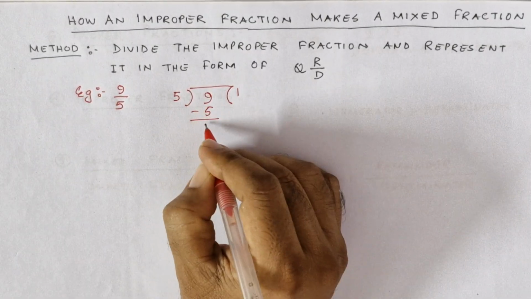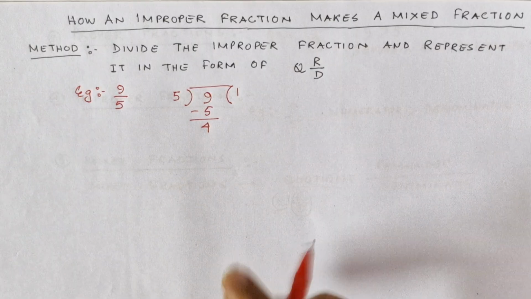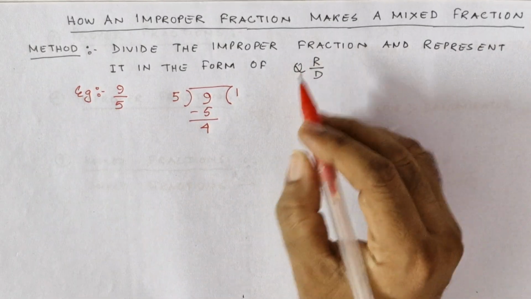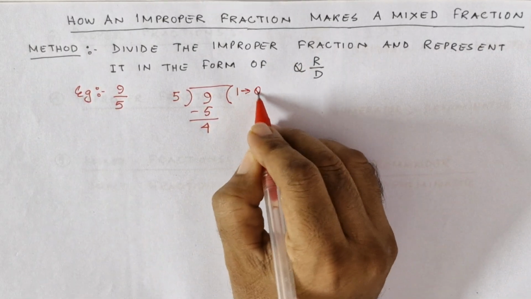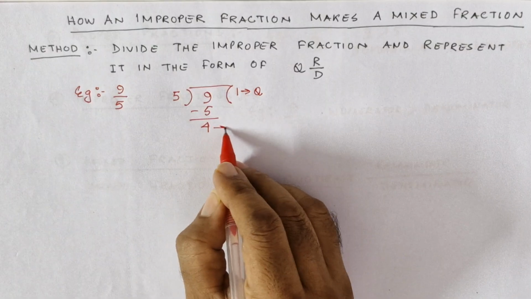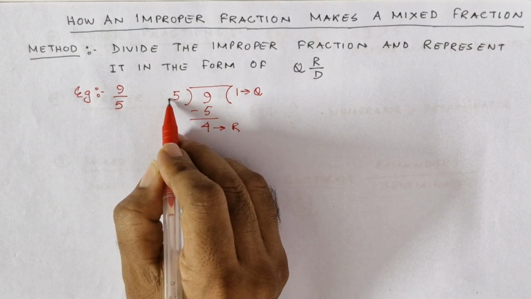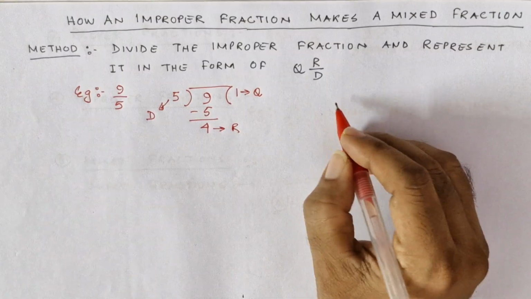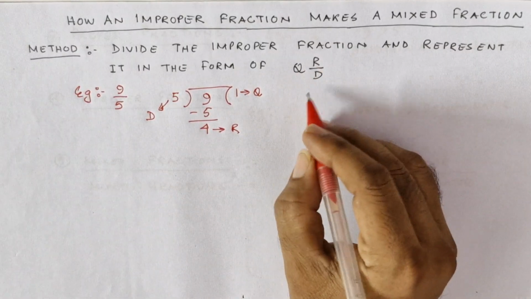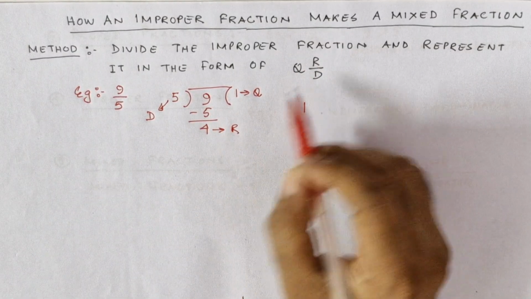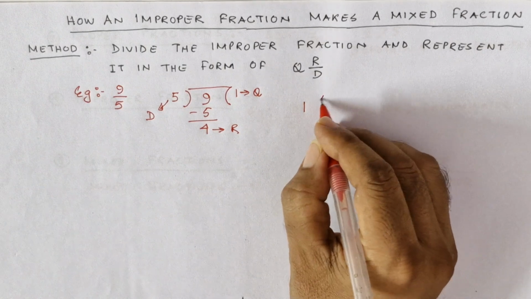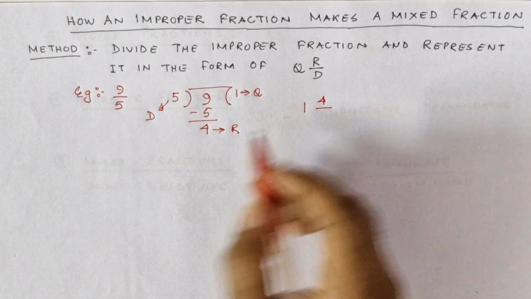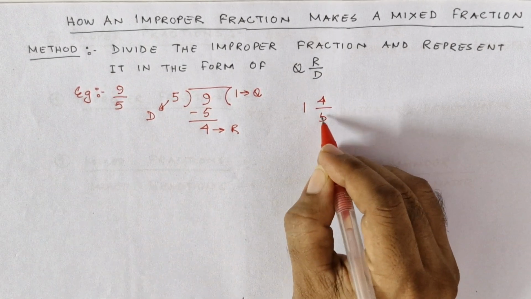If I subtract it, the remainder will be 4. So this one is the quotient. This one is the remainder. This one is the denominator or the divisor. So I'll write quotient 1, remainder 4, divided by 5.